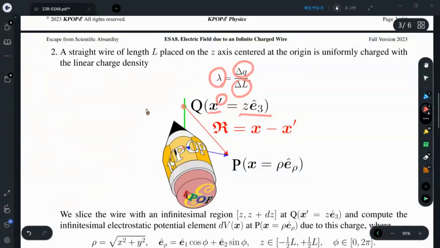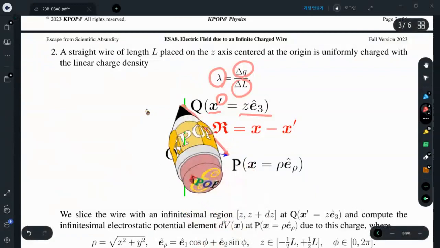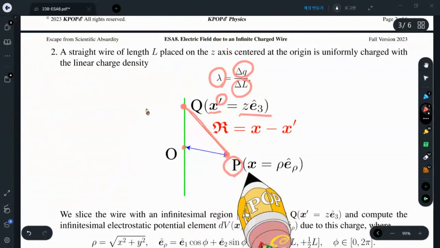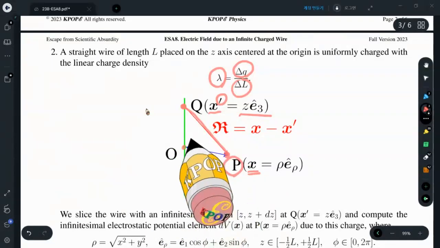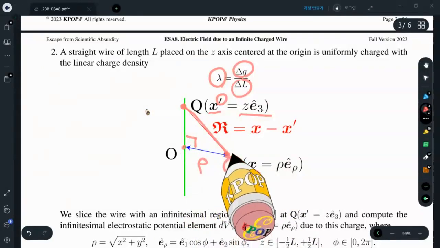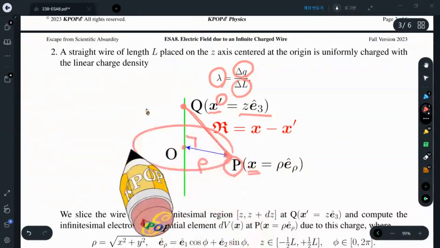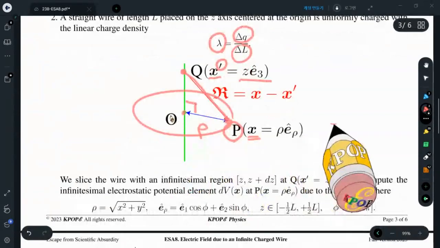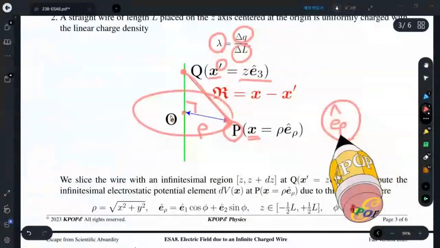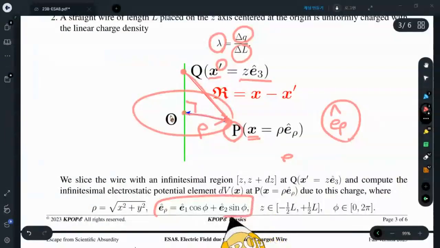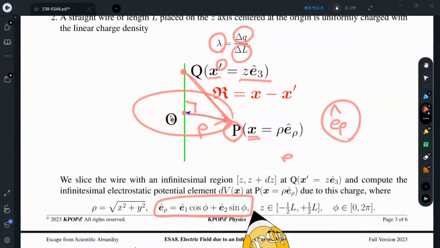The potential depends on the distance between the source charge and the field point. We use the field point whose coordinate is x. We introduce the perpendicular distance rho, and a fixed rho will give a circle. Here e rho hat is the unit vector along the planar radial direction that is expressed in terms of e1 and e2 with cosine and sine.